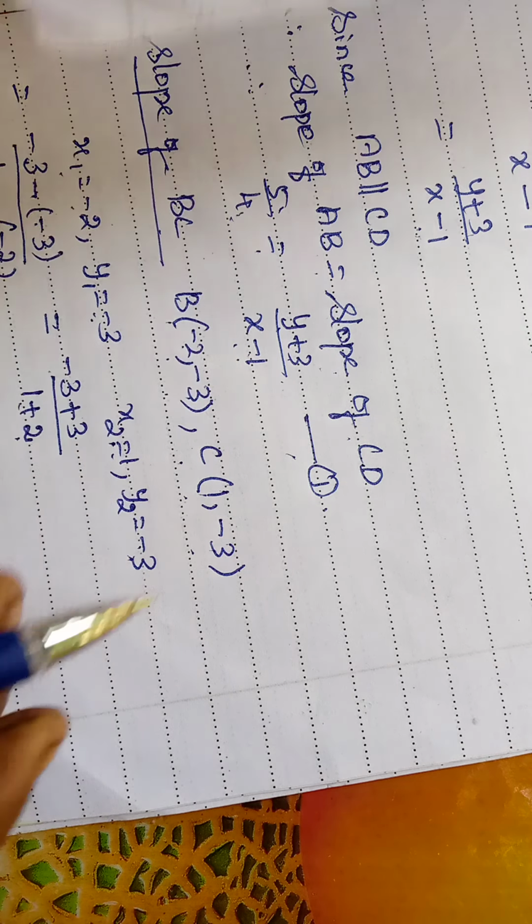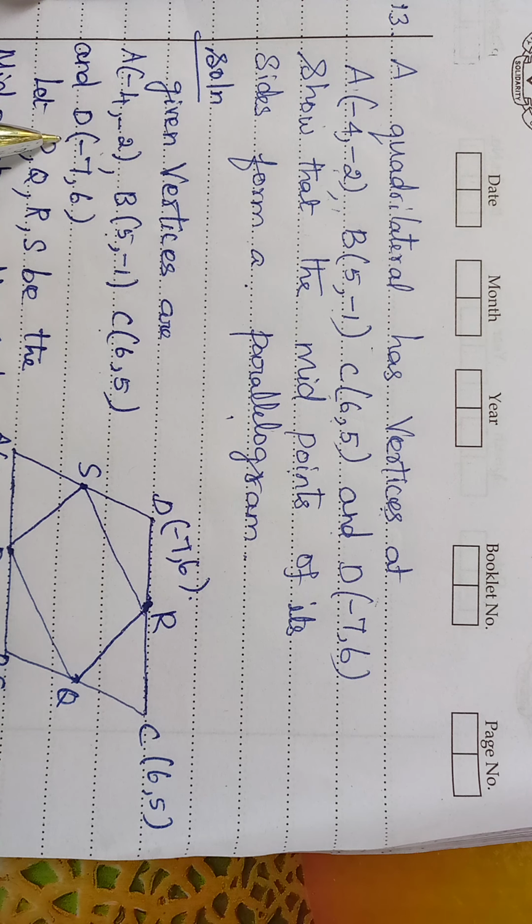Given vertices are A of (-4, -2), B of (5, -1), C of (6, 5) and D of (-7, 6), isn't it? Draw the quadrilateral and name it ABCD, write the points, and plot the midpoint of each side.